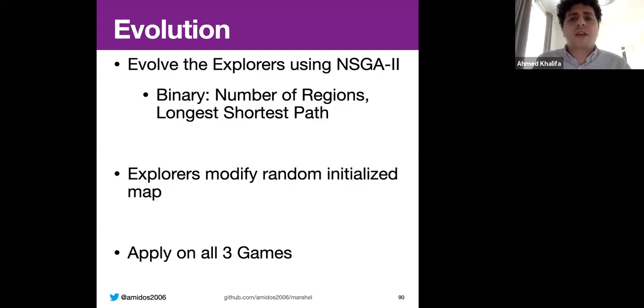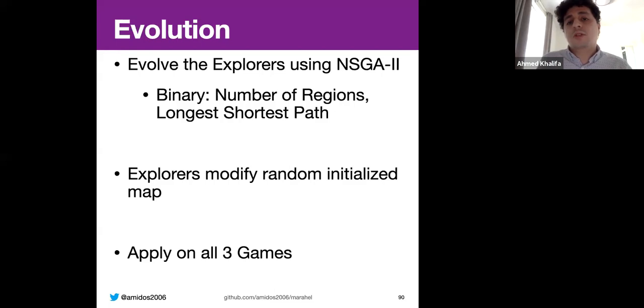And for that we used a multi-objective optimization algorithm called NSGA2. If you have more than one fitness function or quality, it tries to optimize all these qualities at the same time and find all the good solutions it can in that space. For example, for binary, we have two fitnesses. The first one is the number of regions.